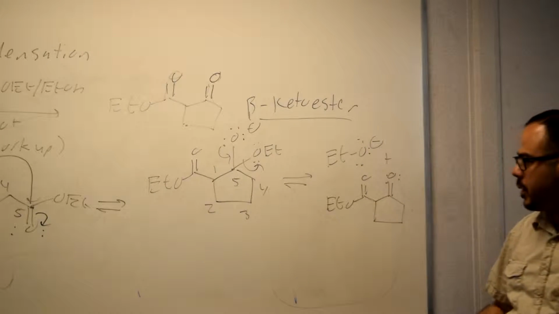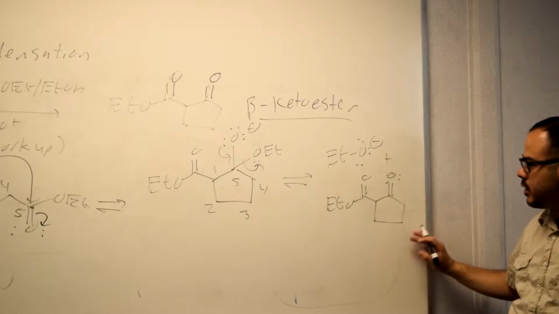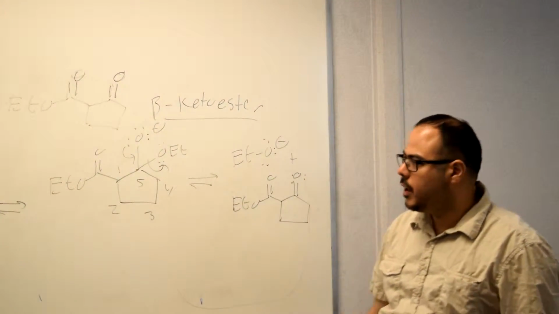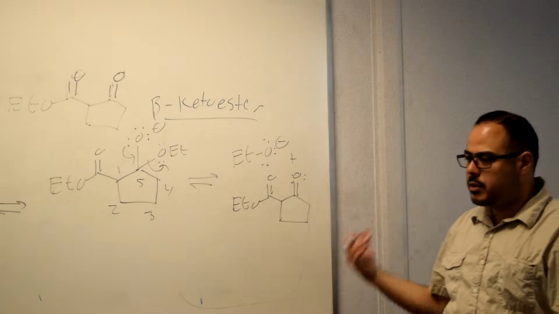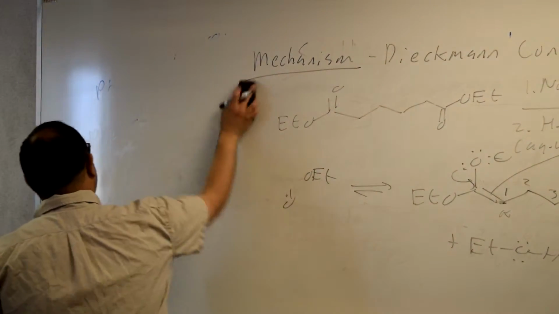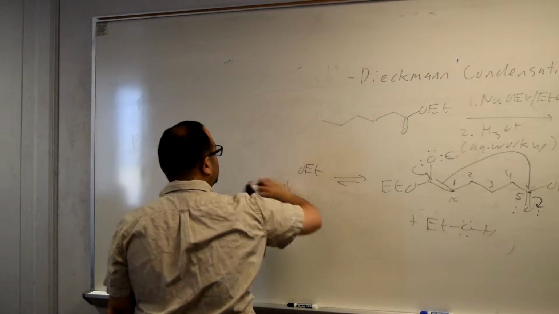Just like when we did the Claisen condensation, you're not completely done with your step 1 that I have on the board here still. I'm going to erase it in a second. You're almost done. You have to do a deprotonation of the beta keto ester because of pKa arguments.